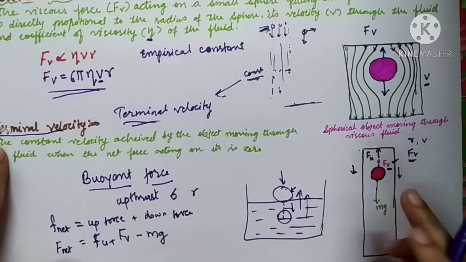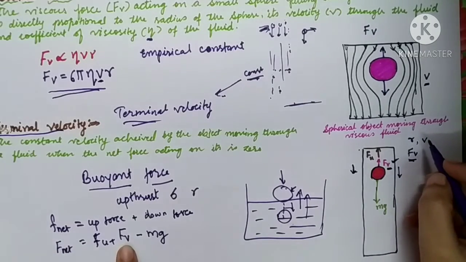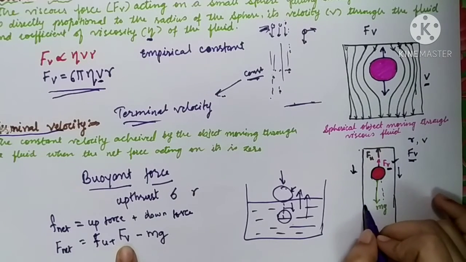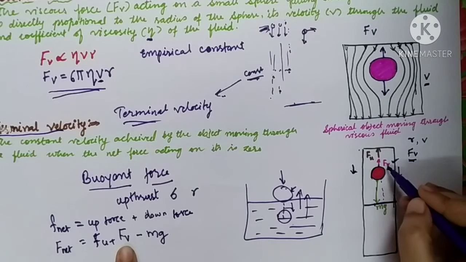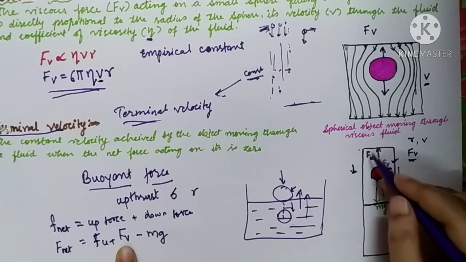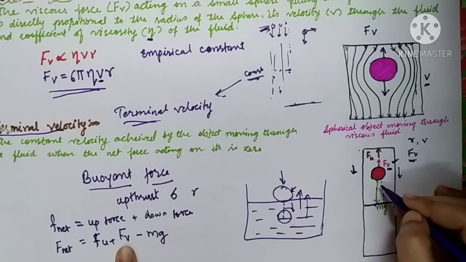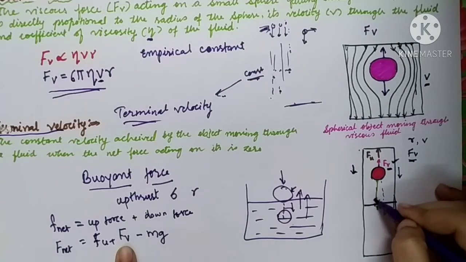You will come to know that this viscous force also goes on increasing. A stage will reach when the viscous dragging force, the total upward force, will be high enough to balance the gravitational force. And the net force acting on the object at this stage will be 0.